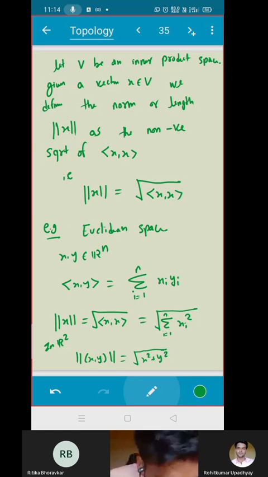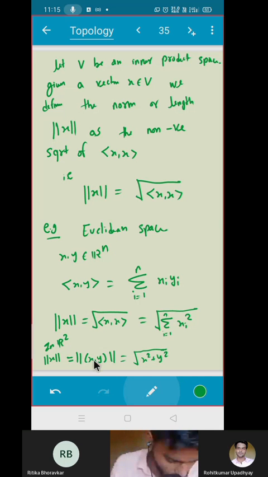Is that clear? Sir, this won't be x square plus y square, this would be x1, x2 plus y1, y2. No. See, in R2, what is my vector? This is the same as the inner product of x with x, and this x in R2 looks like x comma y, no?